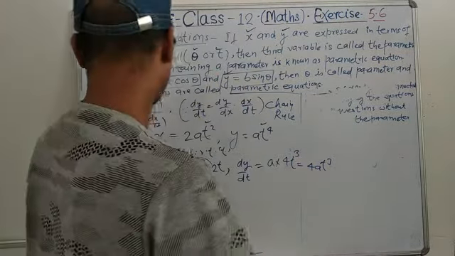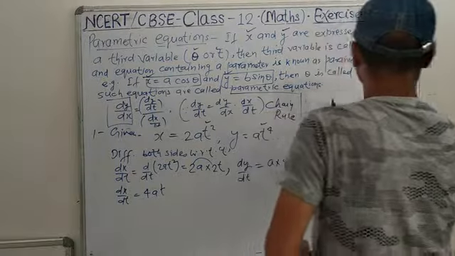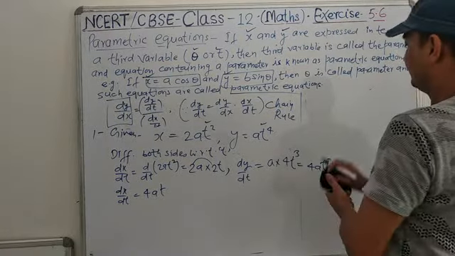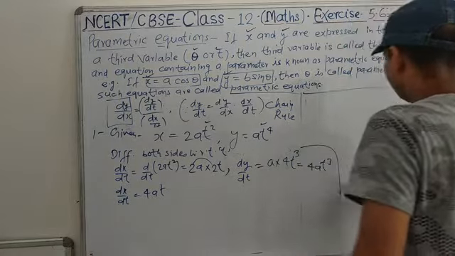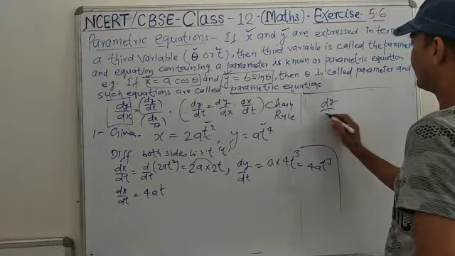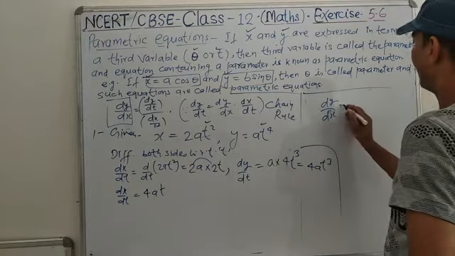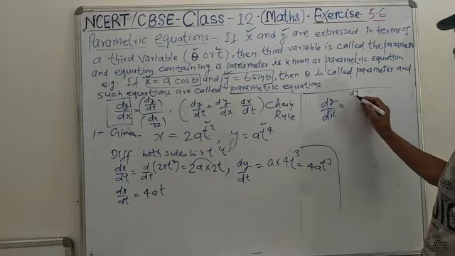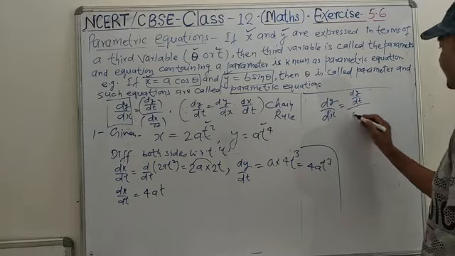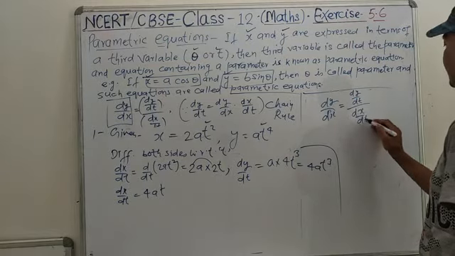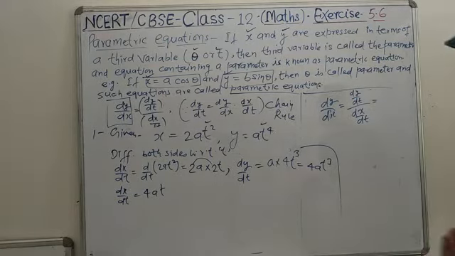Therefore, we can find dy by dx. Our formula is dy by dt by dx by dt. What is dy by dt?